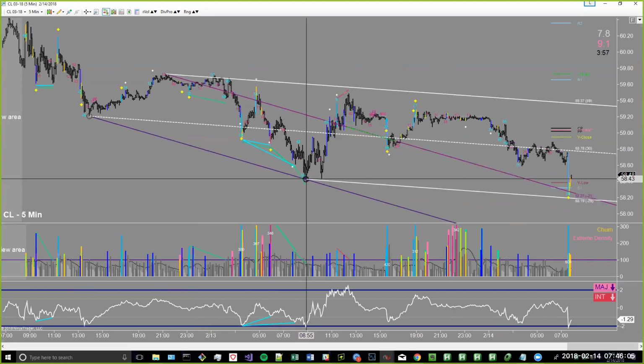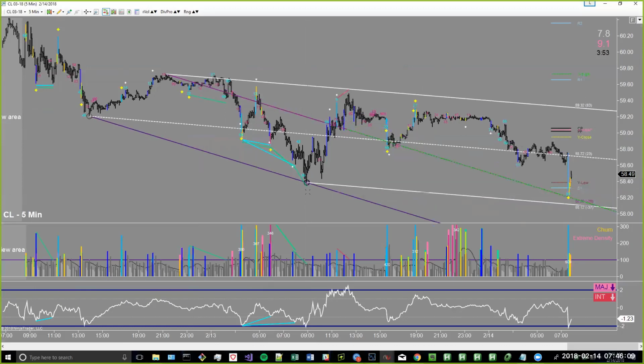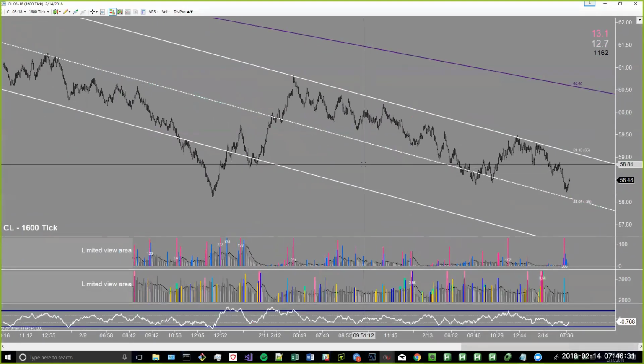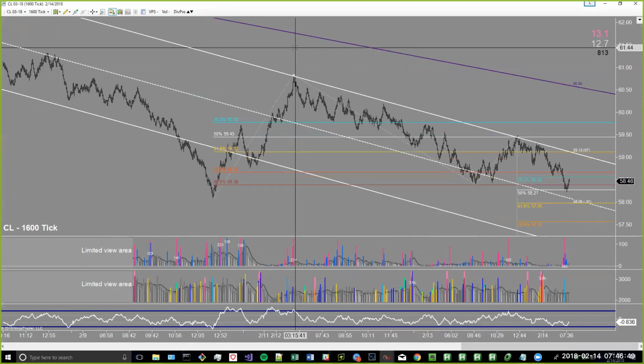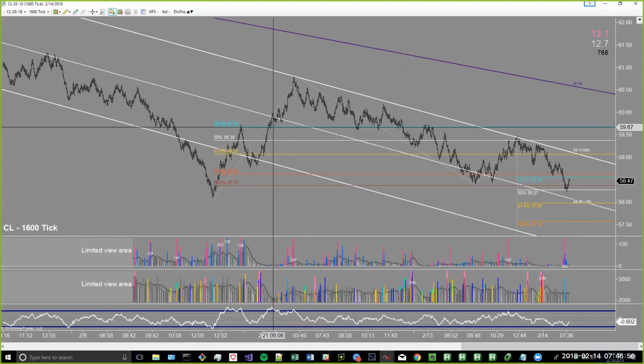Did it break yesterday's low, though? Or that is yesterday's low. Yeah. Okay. That's over a 90% retracement now.